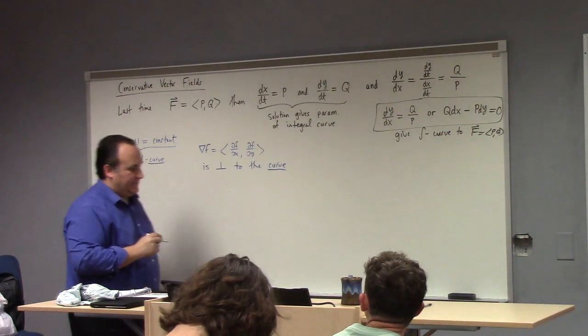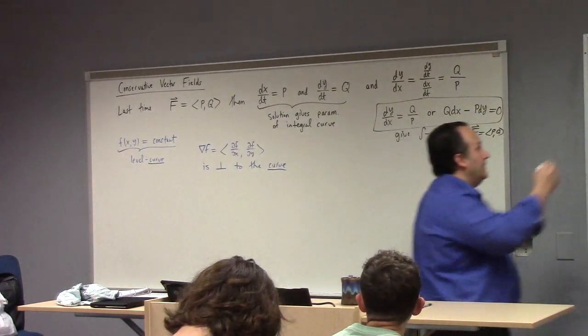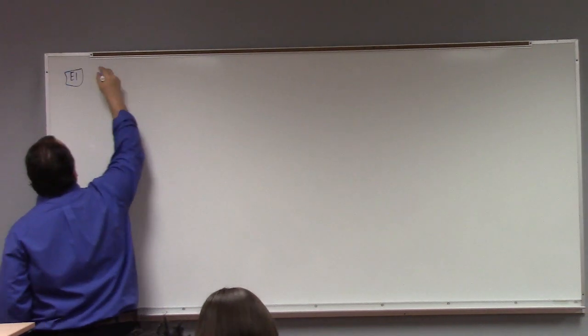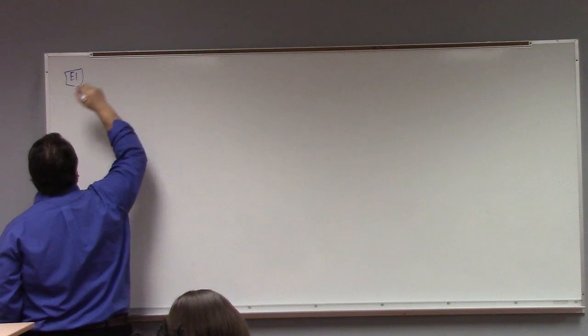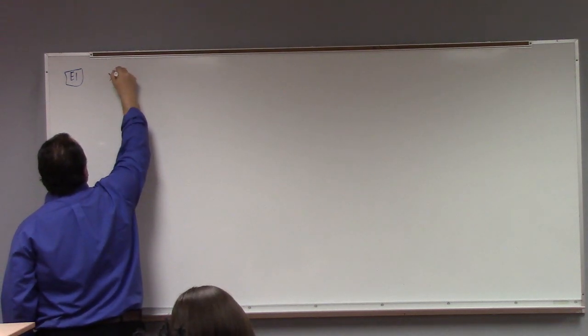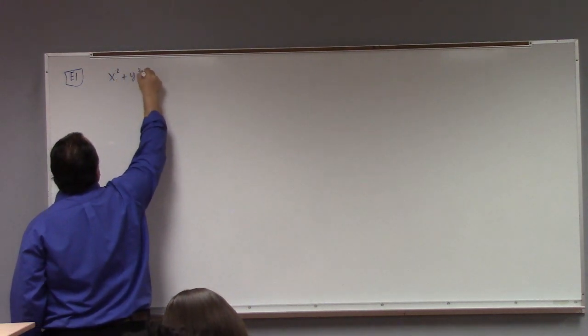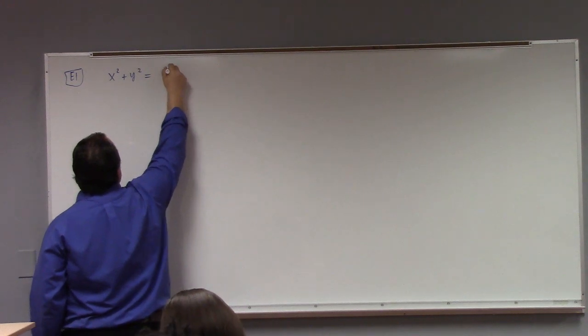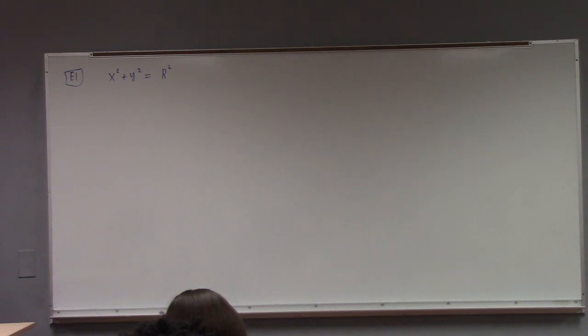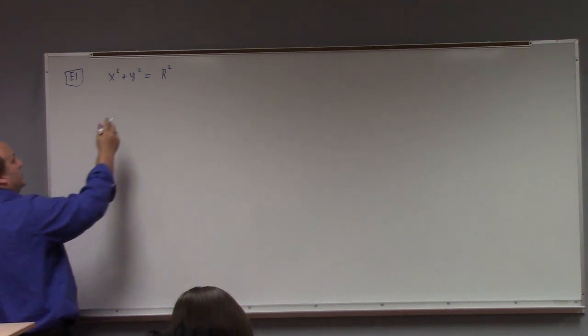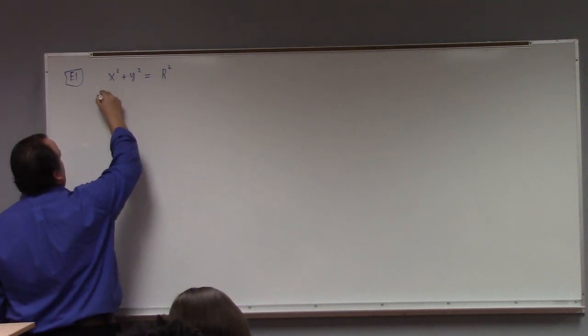See if I can work an example. If we look at x squared plus y squared equals r squared, this is a circle, right? So the gradient vector field to this is what?